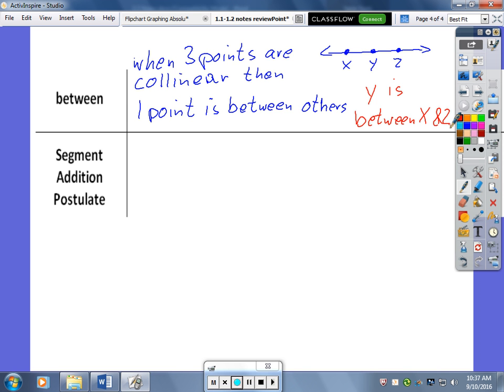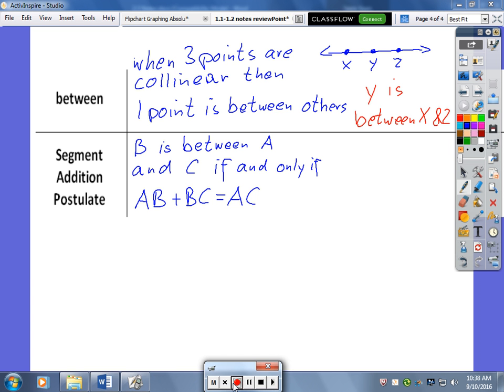The segment addition postulate. Actually, you guys already worked with the segment addition postulate when you were working on the summer packet. B is between A and C if and only if, and you remember this from Unit 1, don't you? AB plus BC is equal to AC.